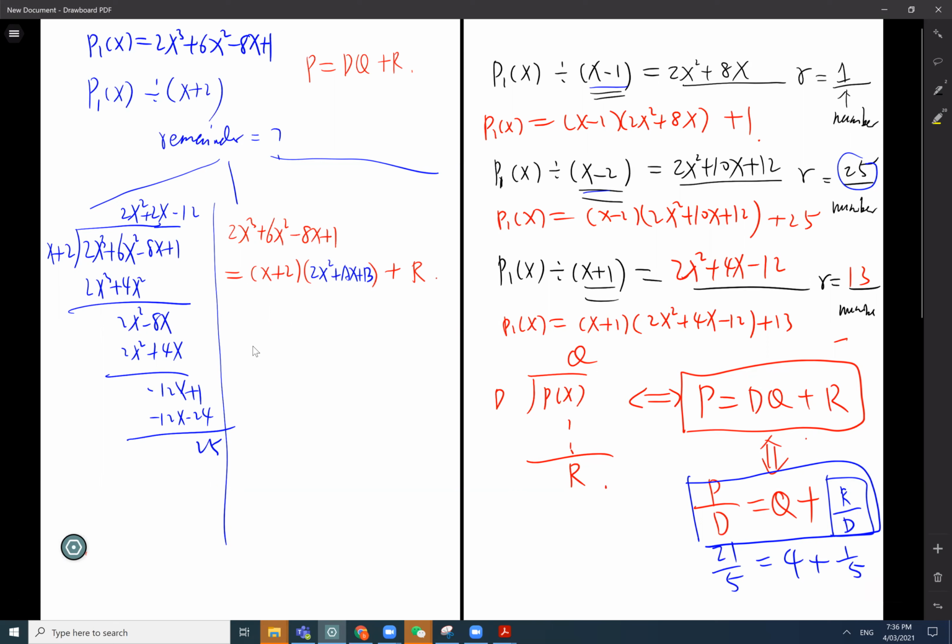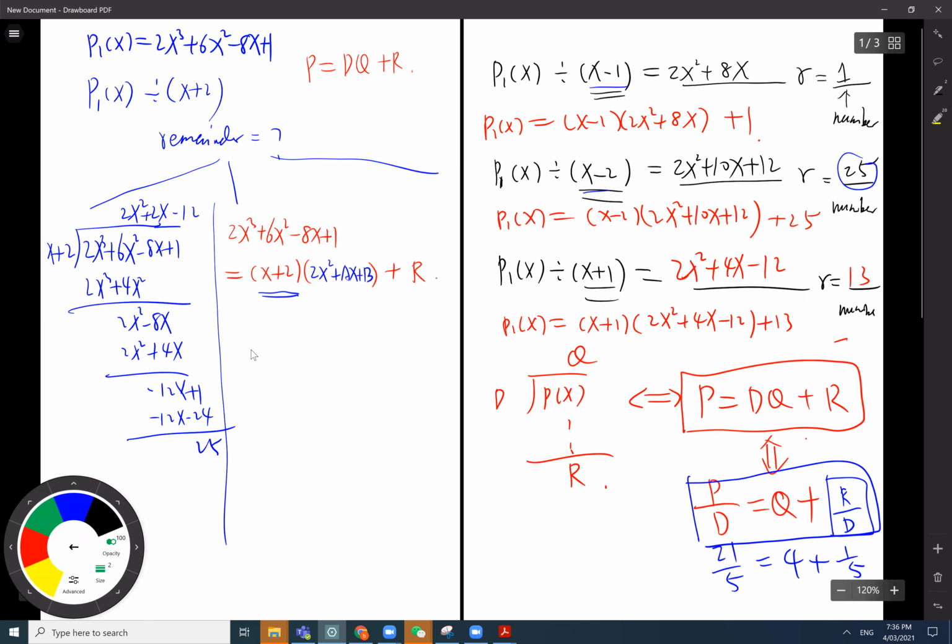And because we divide by a linear, the degree is just 1. So the remainder is just a number. Oh, Leo, here is minus. Minus, minus. So negative, they are all minus.